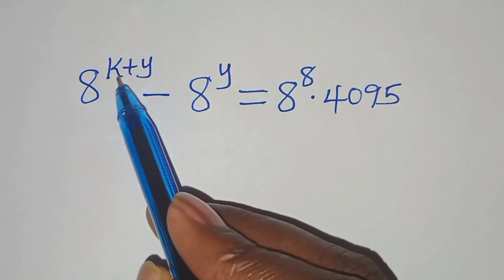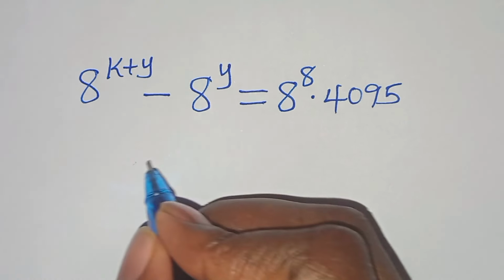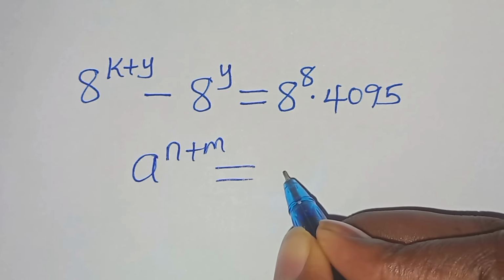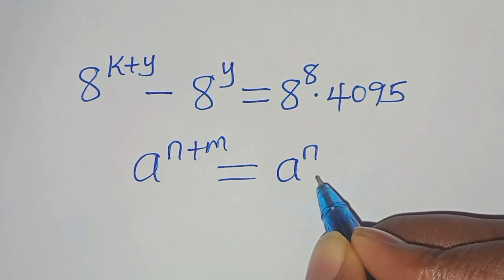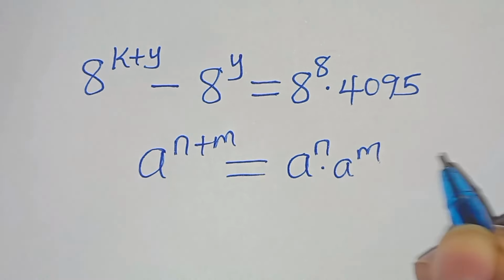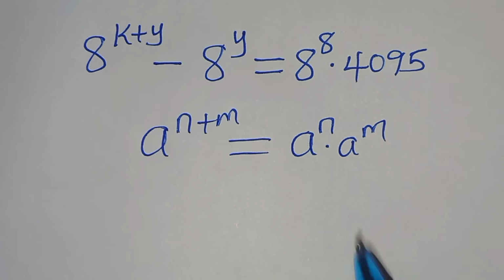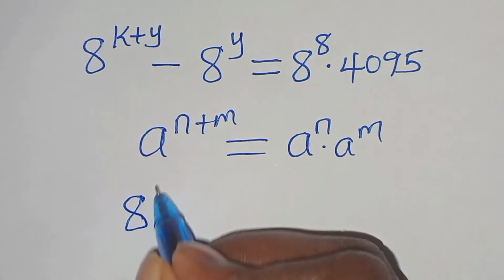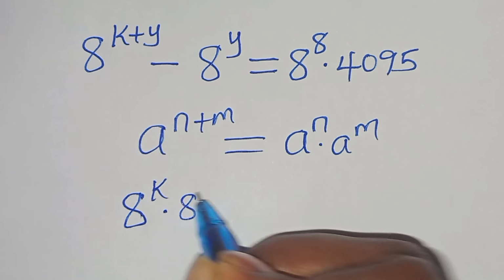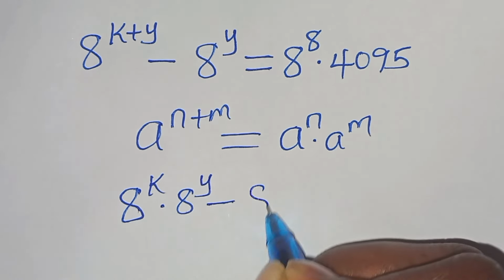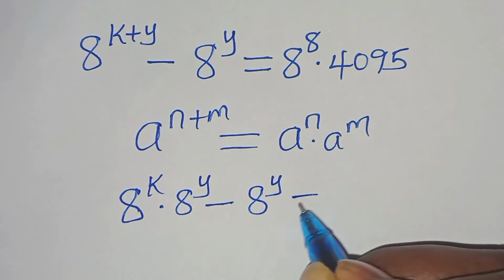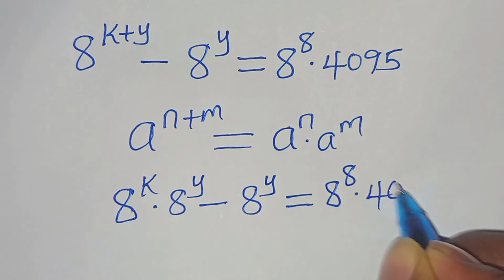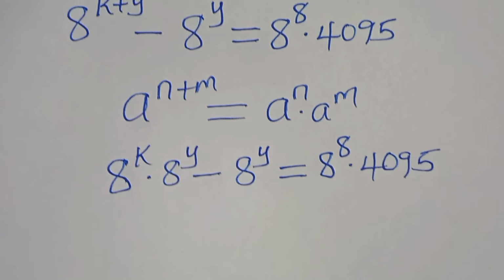Now we have 8 to the power of k plus y. This is in the form of a to the power of n plus m, which we can express as a to the power of n times a to the power of m. Applying this exponent property, we have 8 to the power of k times 8 to the power of y minus 8 to the power of y equal to 8 to the power of 8 times 4095.